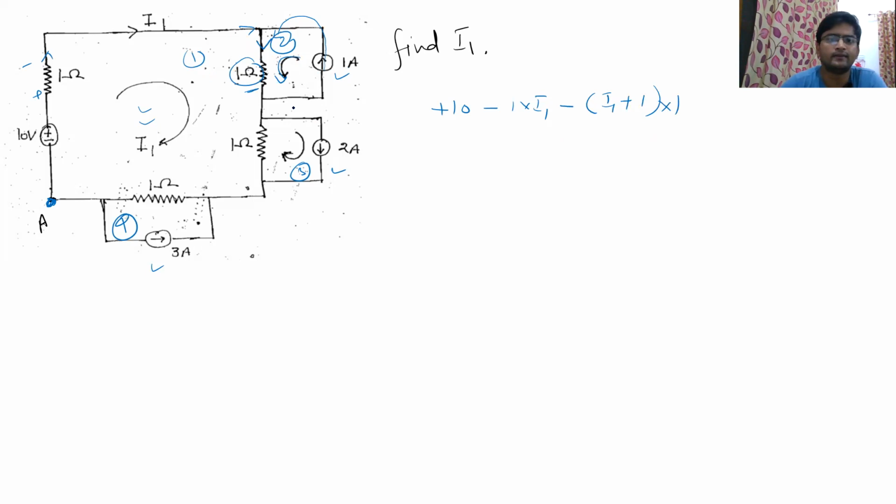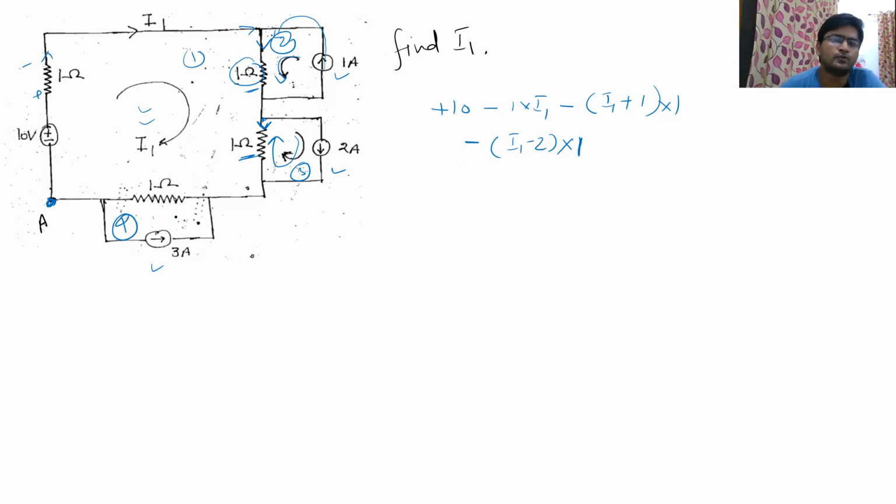Okay. And if you move to this section, you will have to write minus. What is happening here? This I1 current is entering this particular branch, but here this 2 ampere current is going in the opposite direction. So it is basically opposing the I1 current. So here you have to write it as I1 minus 2 into, what is the resistance value? 1.